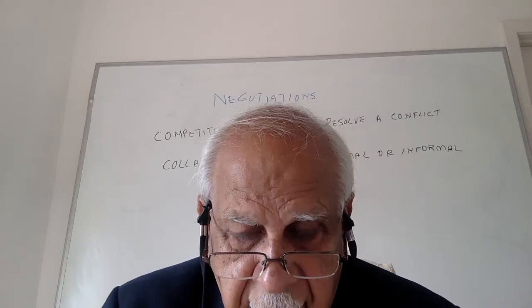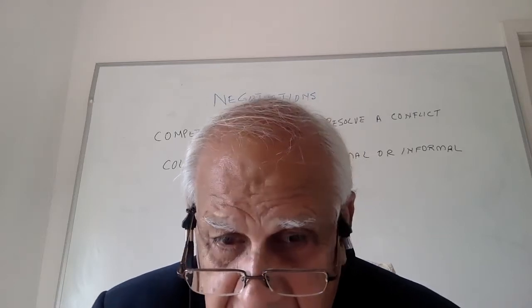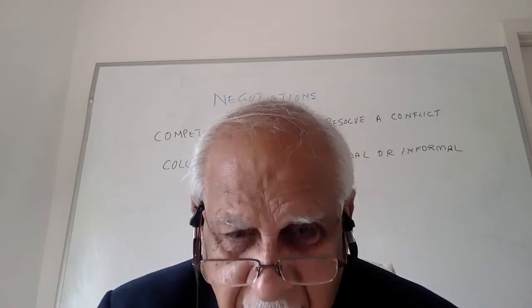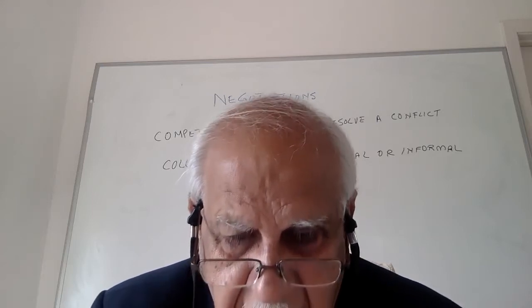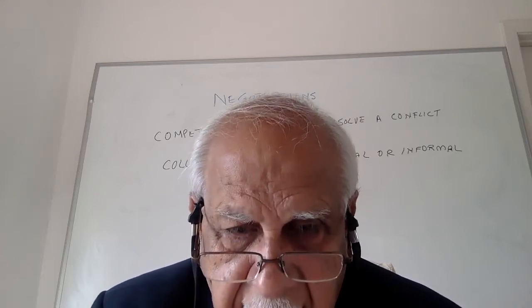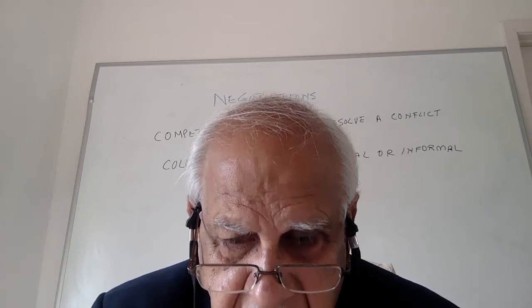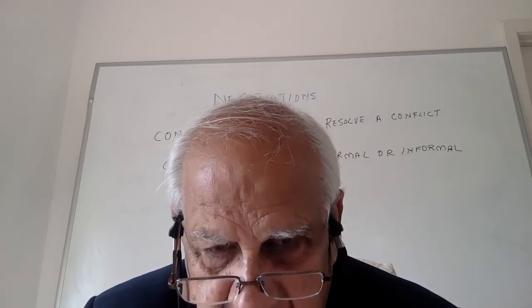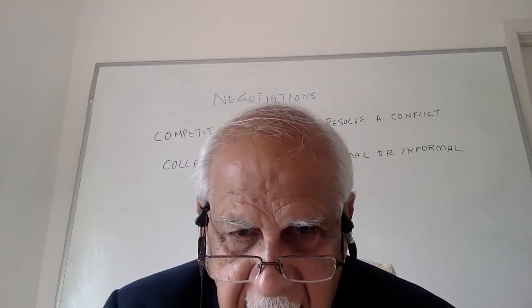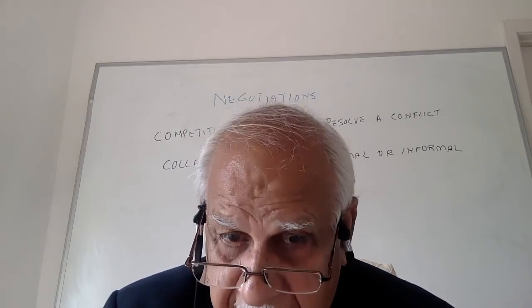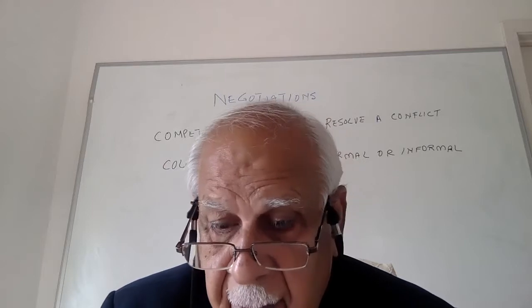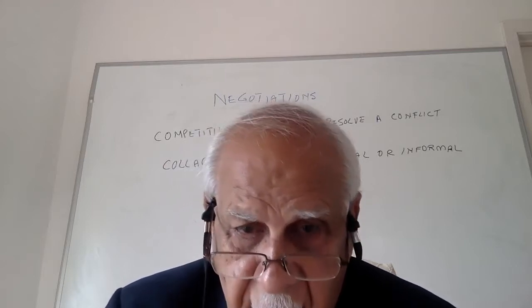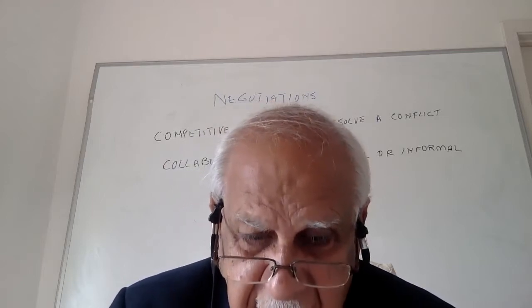So if you start reading from the top with me, it says trait, left column. In the middle, it says type A negotiator, and then it says type B negotiator. In other words, what are the characteristics you find in type A and in type B?